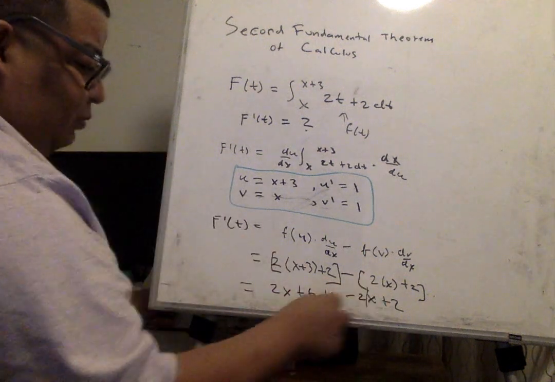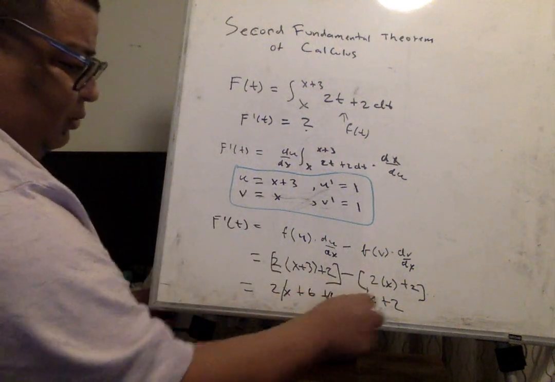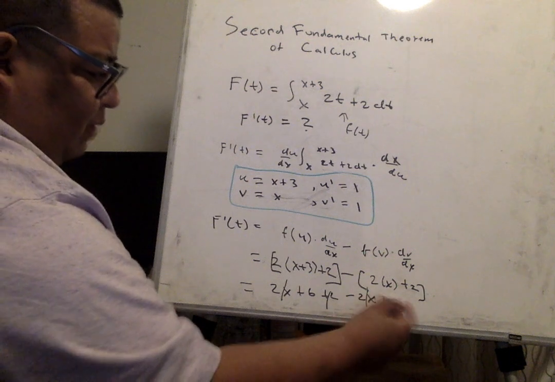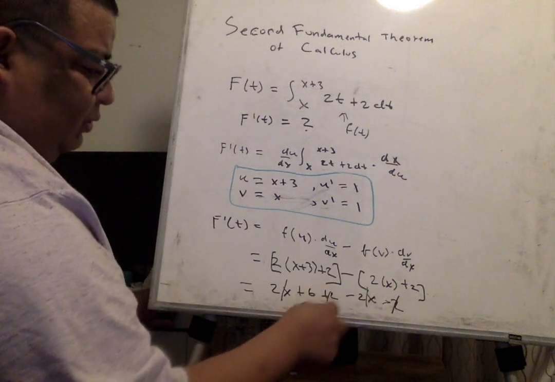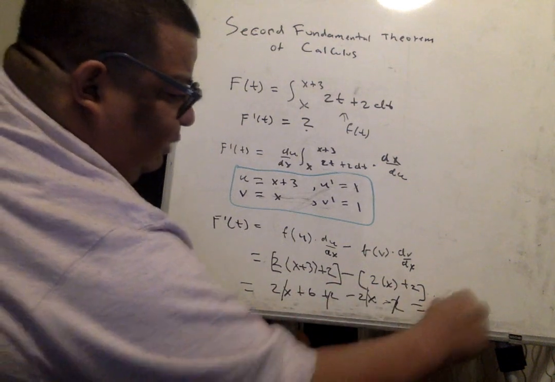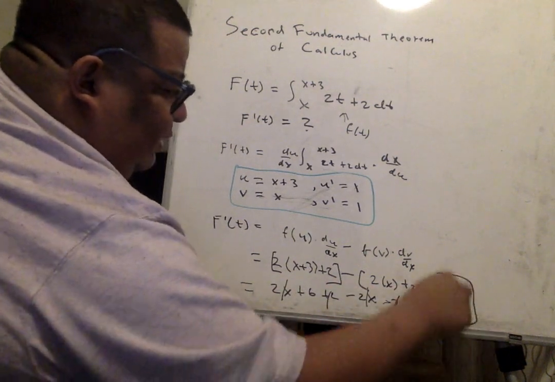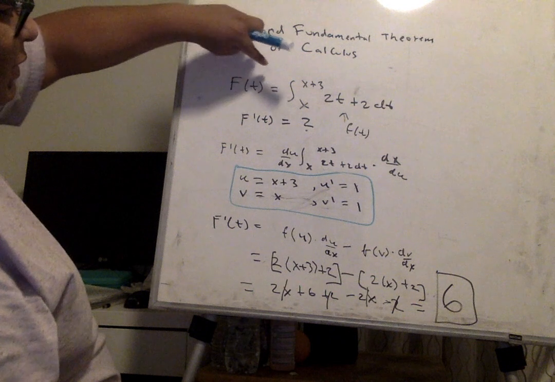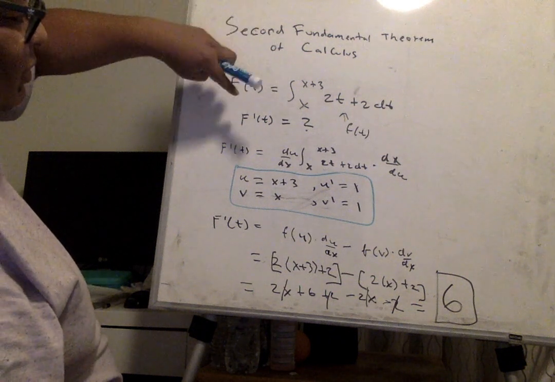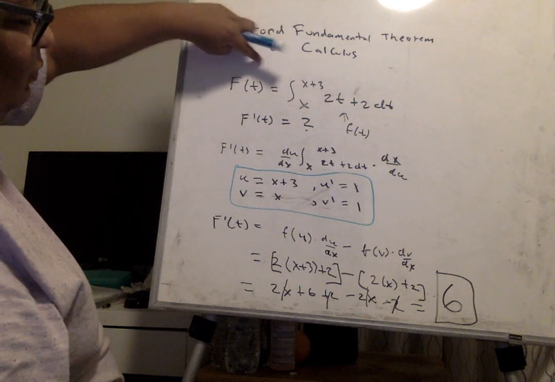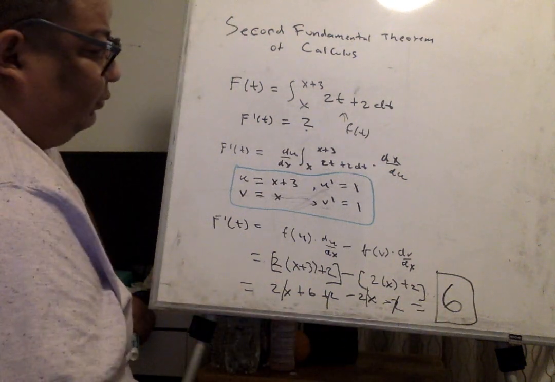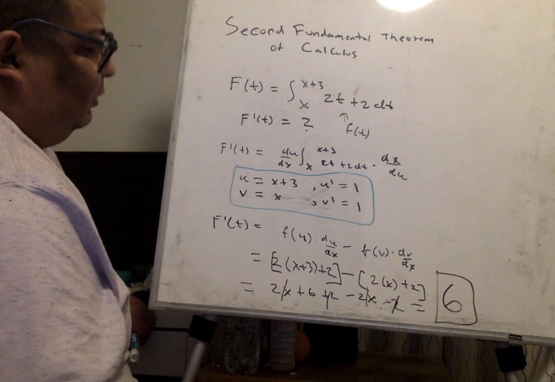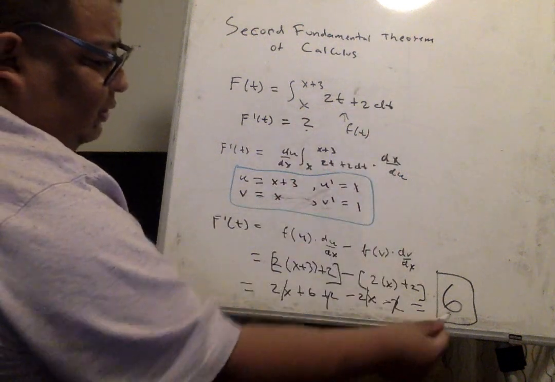So we cancel the 2x terms, and cancel the 2 with the 2, and we're left with 6. So the derivative of big F is 6. The derivative of this integral is 6.